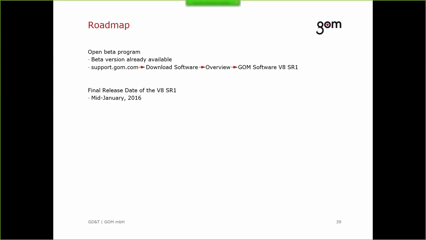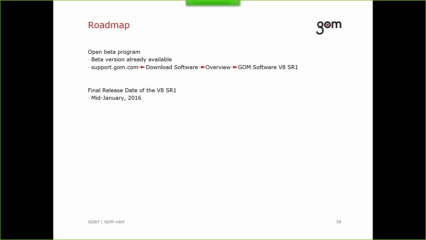We have almost reached the end of the webinar. There are also additional information we would like to mention. You can download a beta version of the V8 SR1 already. GOM has launched the Open Beta program in order to give you the opportunity to try out new functions and enhancements without affecting your daily business.